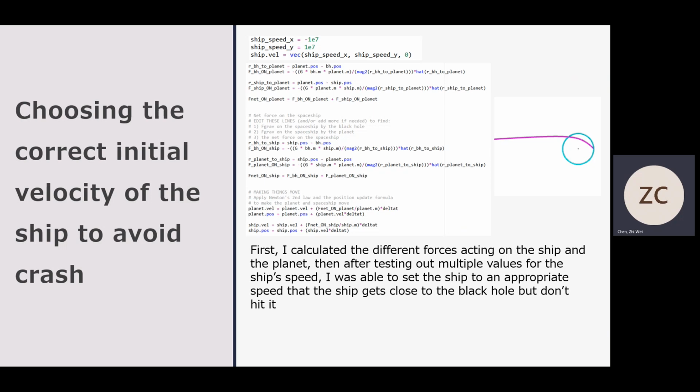I was able to set the ship to an appropriate speed so that the ship gets close to the black hole but doesn't hit it. You can see on the right a picture of the graph, I mean, the visual representation of what exactly happens. The purple-pink line is the ship, and it gets close to the black hole, but then it gets away and doesn't hit the planet or the black hole.